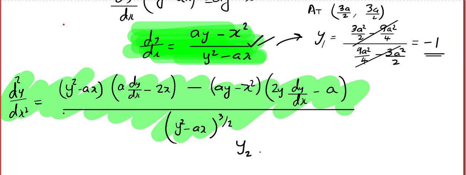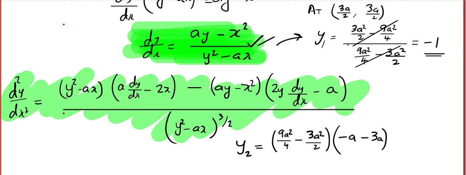Now comes a very hard job. You have to find the value of y2. I didn't simplify, as I told you, because we are going to plug in this value. So y squared means 9a squared by 4 minus 8 times x, 3a square by 2. A into dy by dx, we already know what dy by dx is, so minus a minus 2x, that will be 3a, because the 2 will cancel this, minus ay.